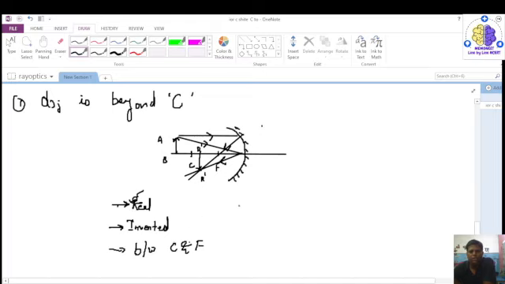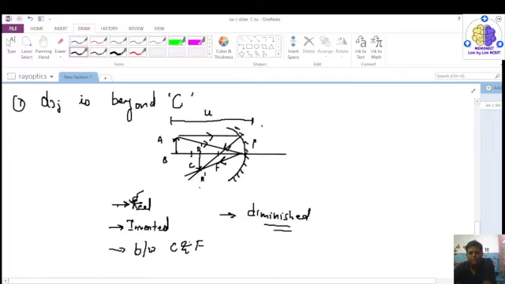Now let's talk about its size. It is diminished. Diminished means the size has decreased. Now how do we find that the size has decreased? See, this point is the pole, and the distance between the object and the pole is known as the object distance, denoted by small u.